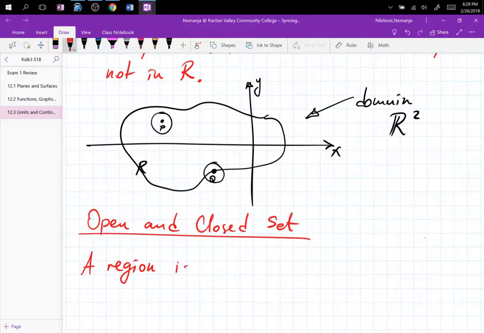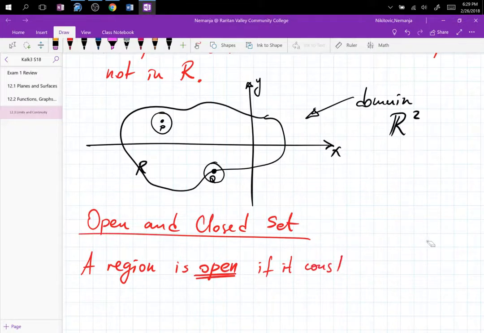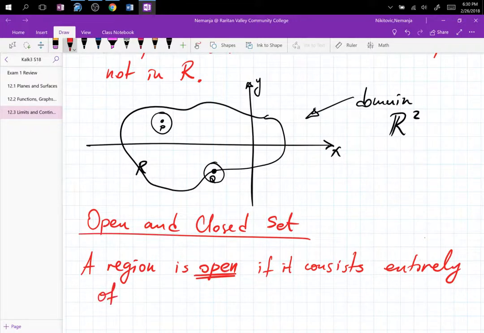A region is open if it consists entirely of interior points. A region is closed if it contains all of its boundary points.